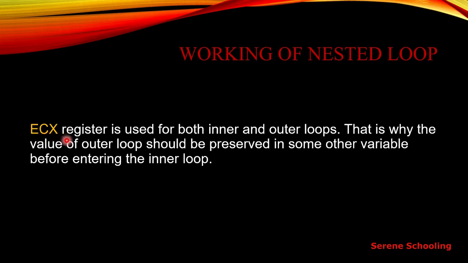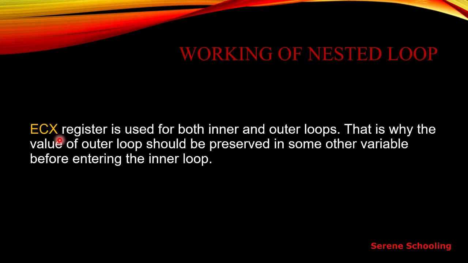So if we are using the same register for both the inner and outer loops, then before going toward the inner loop, or getting the value into the ECX register for the inner loop, we have to preserve the value for the outer loop. Because we are going to store the looping value into the same register, if there is already some value in the ECX register and I move another value into it, the previous value is going to be replaced.